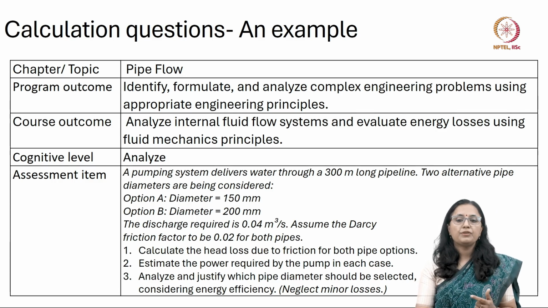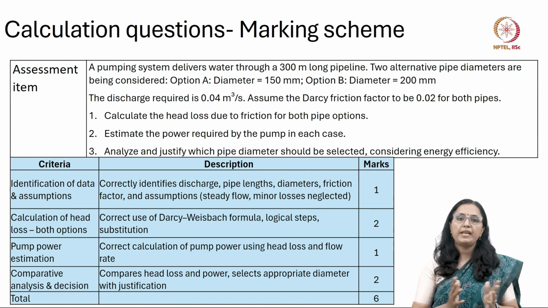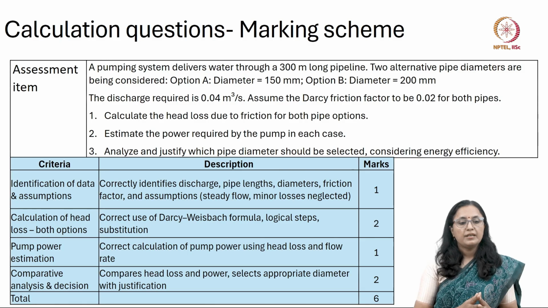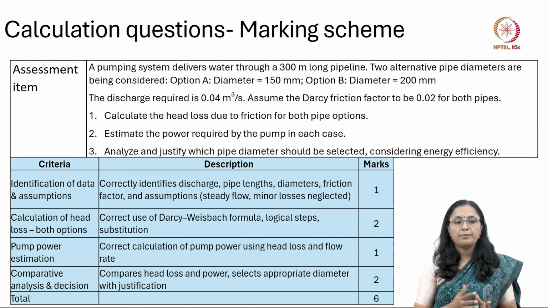Now, for this kind of question also, we should have a very detailed marking scheme, wherein we know how many marks we are giving to the different steps, and how many marks we are allocating to the right answer. For example, here certain criteria are: if a student is able to identify the data and the assumptions, if a student is able to calculate the head loss for both the options, if a student is able to estimate the pump power, then make some comparative analysis and take some decisions.